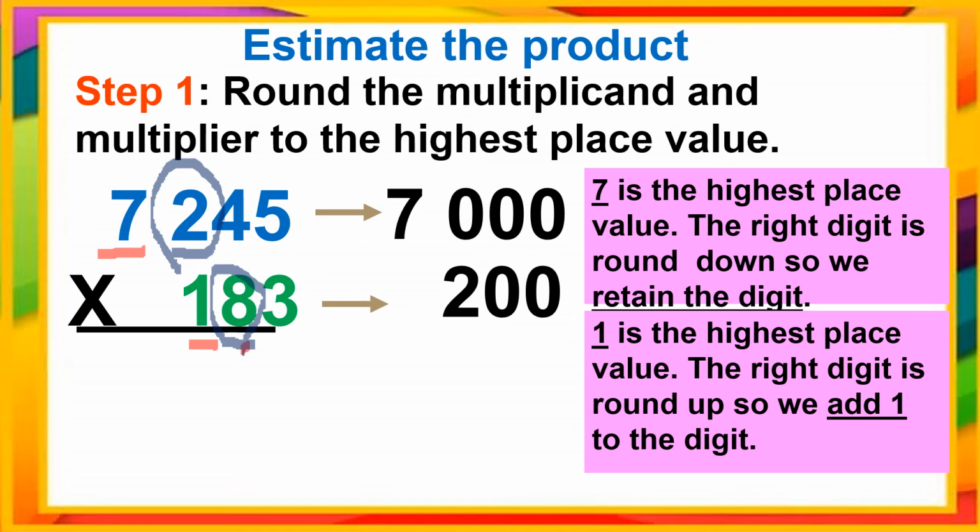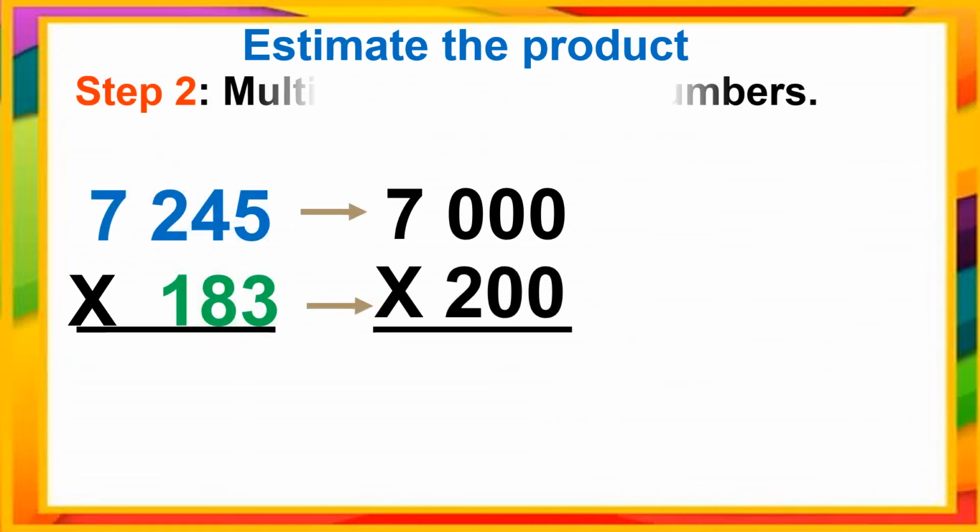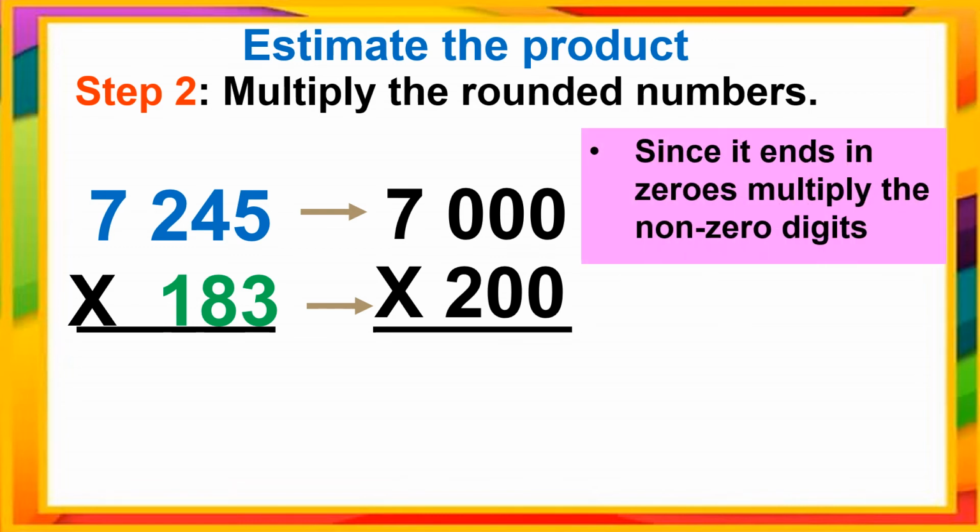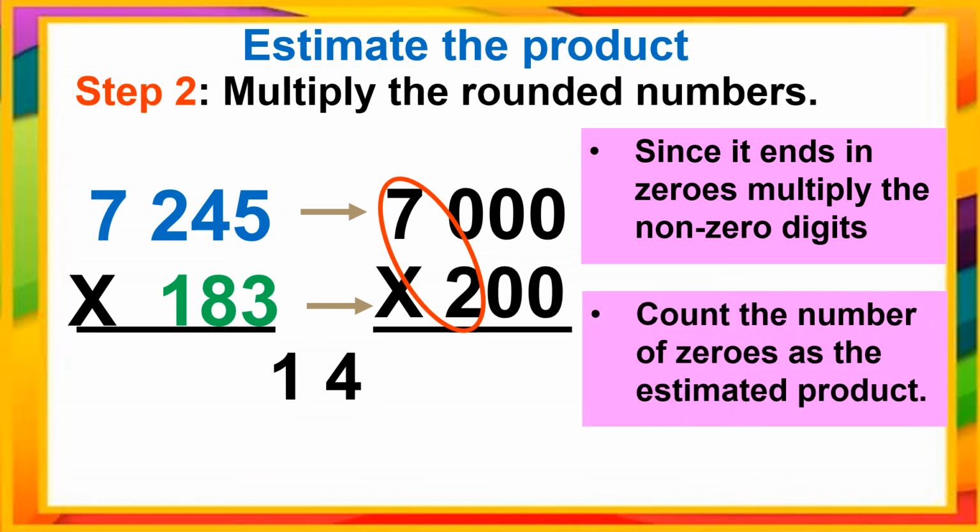Now let's proceed to the next step. We're going to multiply the rounded numbers: 7,000 times 200. Since it ends again in zeros, we multiply the non-zero digits, which are 7 and 2. 7 times 2 is equal to 14. Then we count the number of zeros for the estimated product.